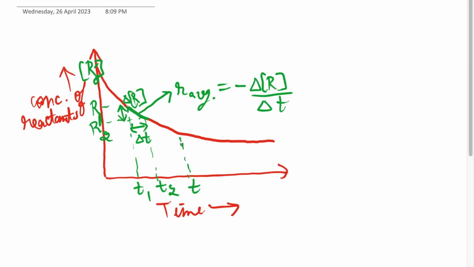And at time t, let me tell you also about the instantaneous rate of a reaction. At time t, let us consider a small time interval dt. Let us first draw a tangent at time t.